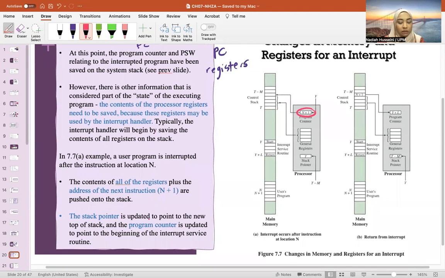The stack pointer is updated to point to the new top of the stack, which is T, because after you have loaded your PSW, your PC, and your general registers, these things consume up until T. So you put that value T into the stack pointer. This is before we process the interrupt.